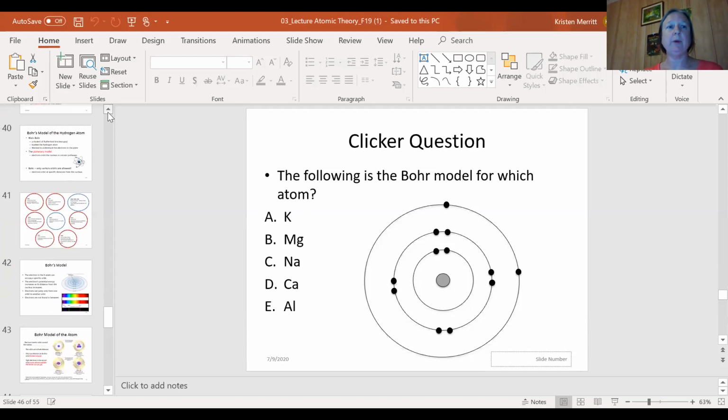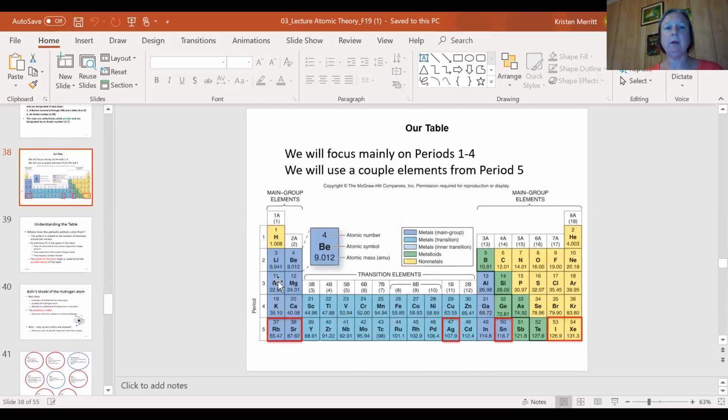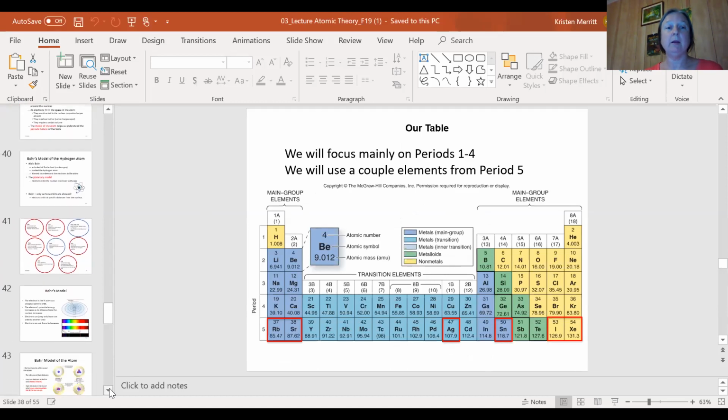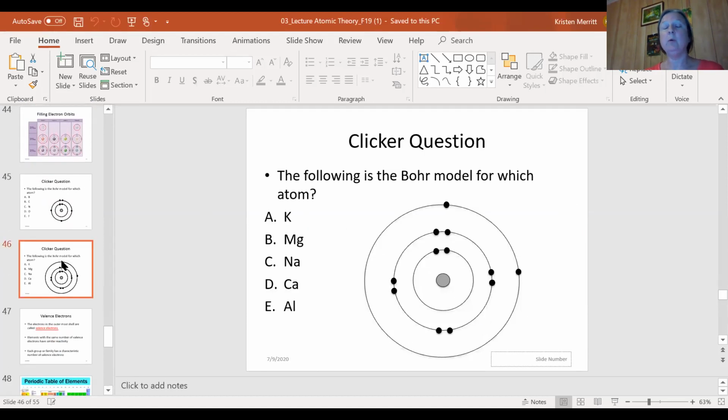Let's go back to the periodic table. Here's period 3, and we go 1, 2 electrons, so that is magnesium, and that's why we identify them. If you want to go back and count, you will find 12 electrons, because magnesium has 12 protons, and since this is not an ion, it also has 12 electrons, and so your answer is B.